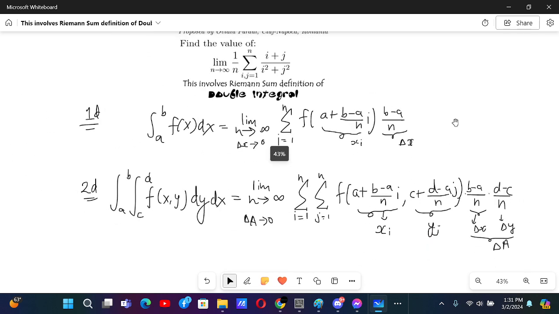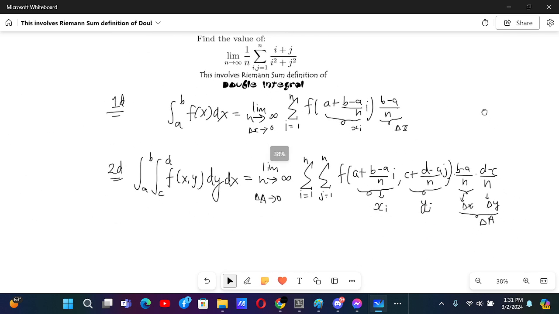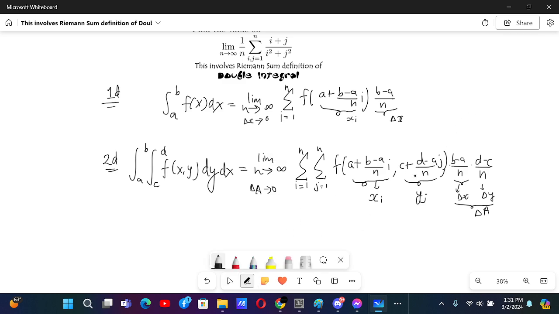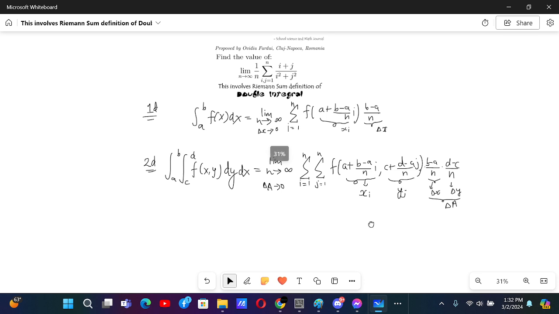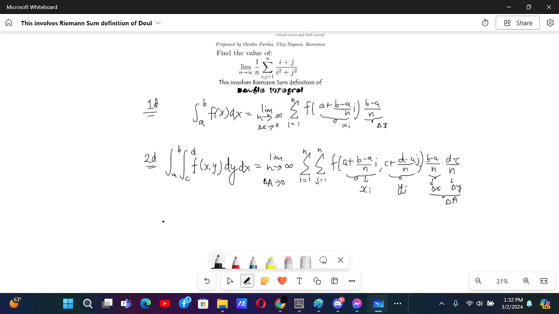let's see how we can manipulate our problem into a similar expression where we can use the Riemann sum definition. So basically we have limit n tends to infinity of 1 by n.